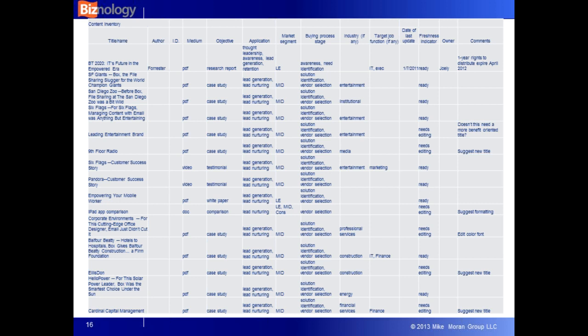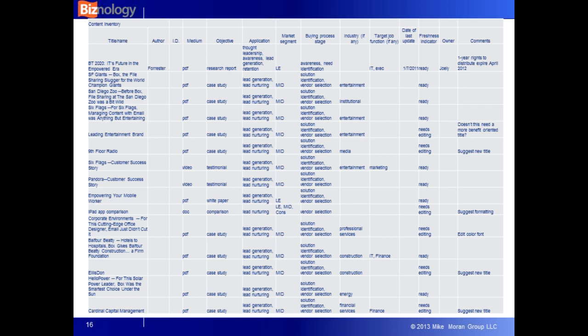So what you end up with is a spreadsheet that might be similar to this one that I actually created for a client at one point. And my objective with this was to not only assess everything that was on hand, but also to identify the gaps for the purpose of eventual publication of fresh material.